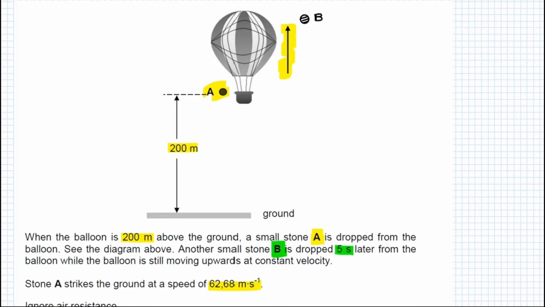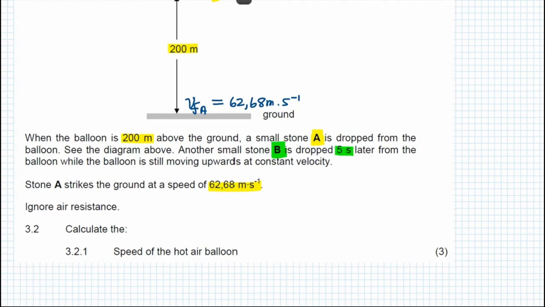So we know V final of A when A hits the ground is going to be 62.68 meters per second to the negative 1. Ignore air resistance, and 3.2.1 says calculate the speed of the hot air balloon.